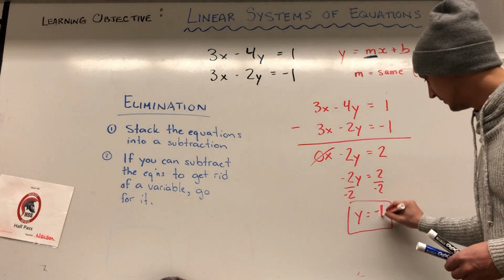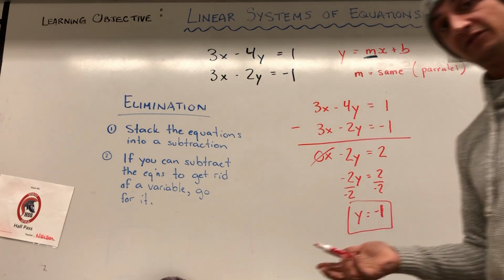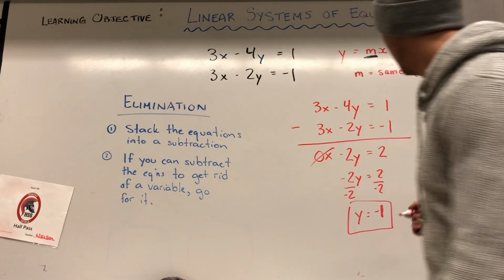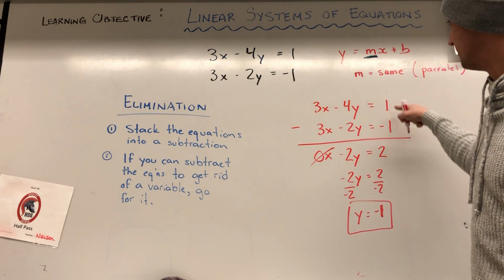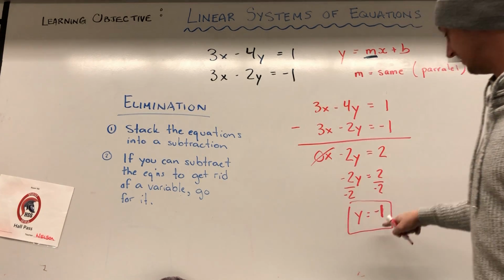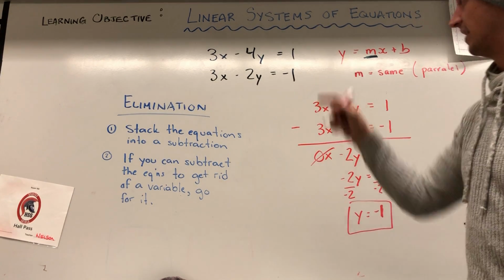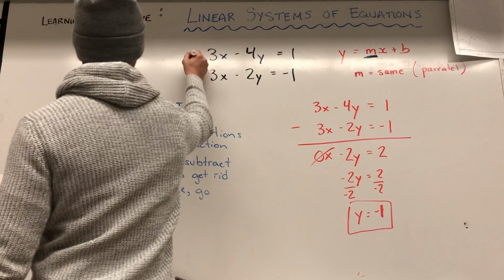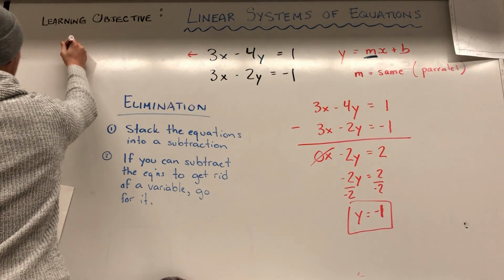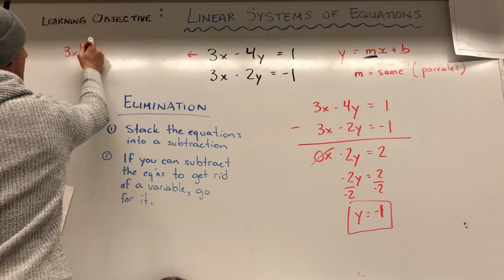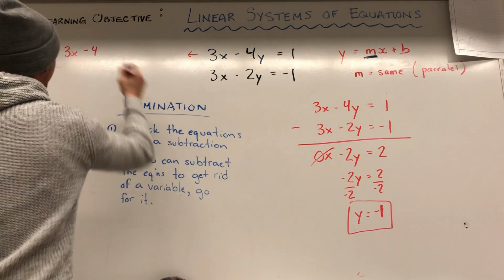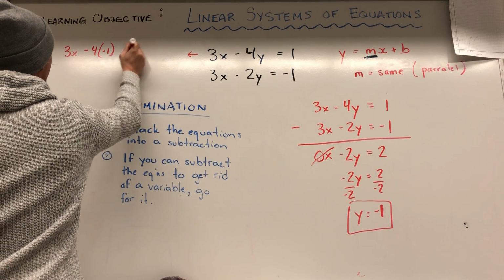Now, I can use substitution. Funny, I have to use substitution and elimination. Now I can take this negative 1 and plug it back into one of my two equations and then solve for x. So let's say I use this one. Okay, so 3x minus 4y, but y is negative 1, is equal to 1.